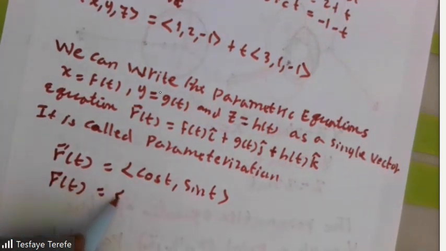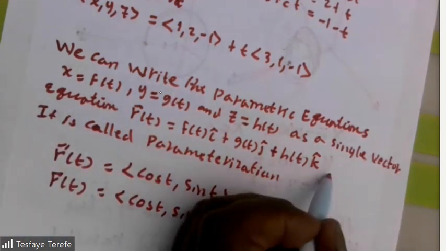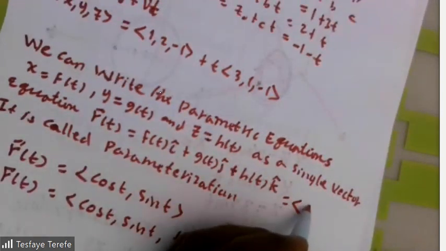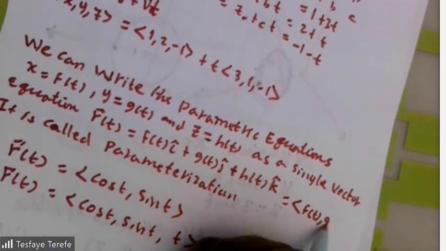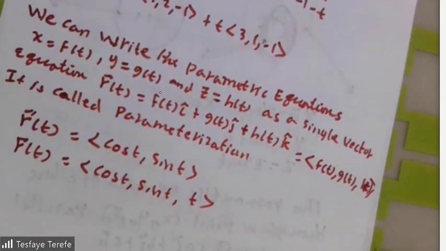You can really parameterize it as cosine of t, sine of t, and t. By the way, as a linear combination of i and j, or in a component form, you can write that as well. So you can write it like that as well.